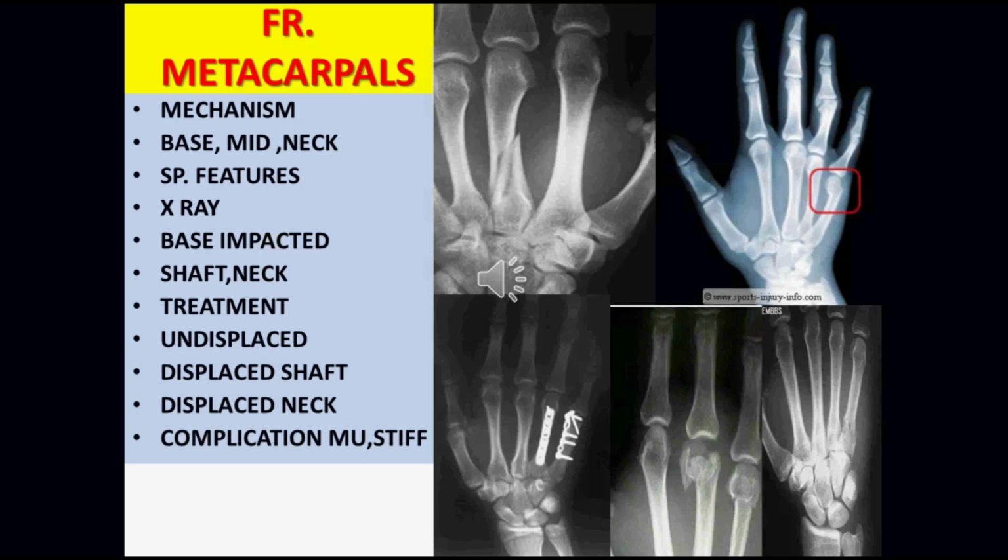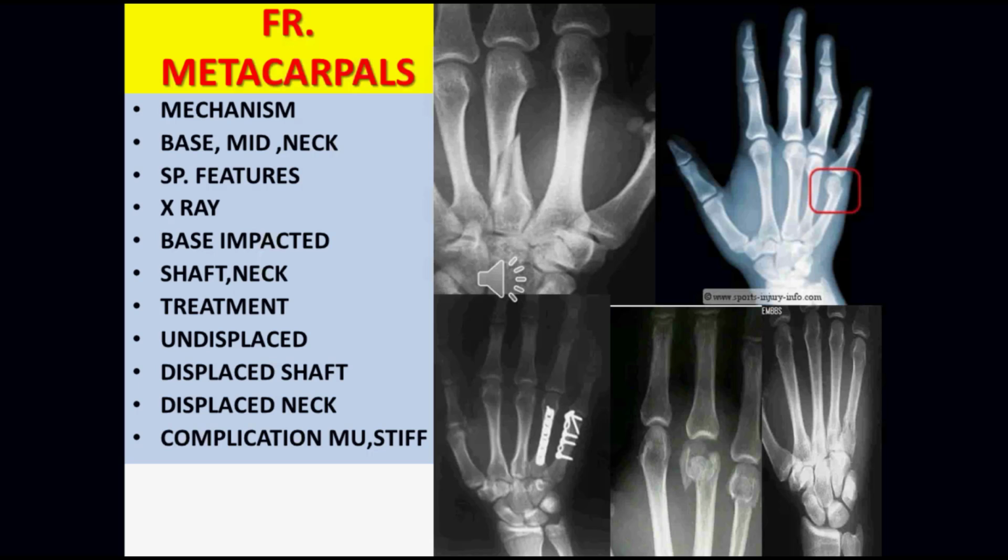On X-ray, fractures of the base of the metacarpal are usually impacted. Fractures of the shaft are either transverse or oblique, and there may be shortening or angulation of the fragments. Fracture of the metacarpal neck may result in forward tilting of the distal fragment.